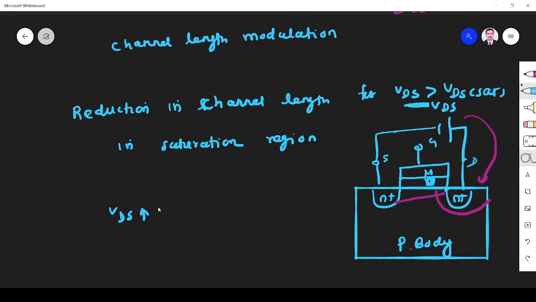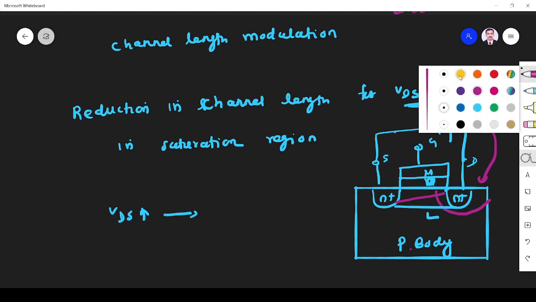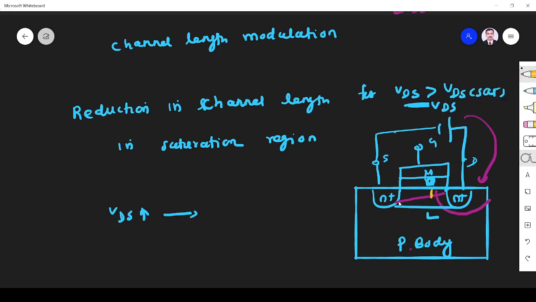So what happens if VDS increases? Initially, let us assume the channel length is like this. After some time, the channel length comes to this location because of the increase in VDS. So when VDS increases, channel length decreases. This is called channel length modulation.